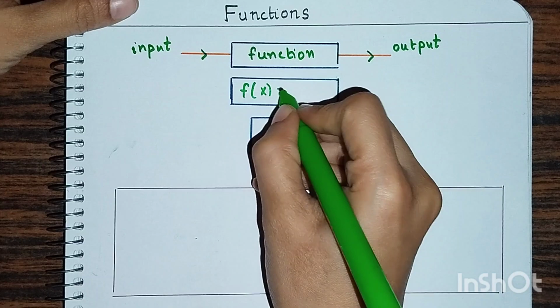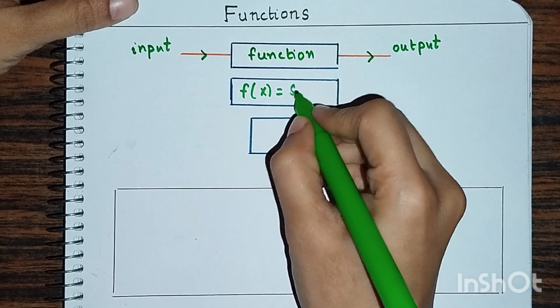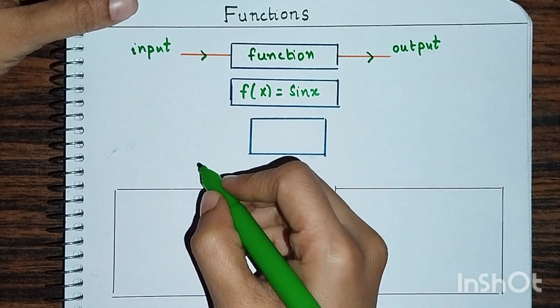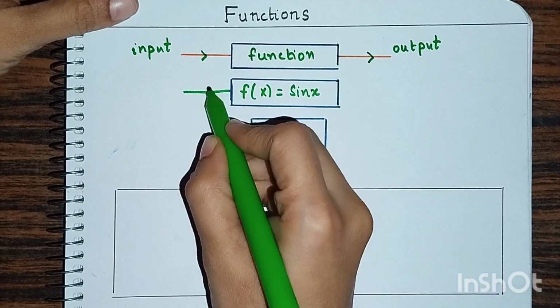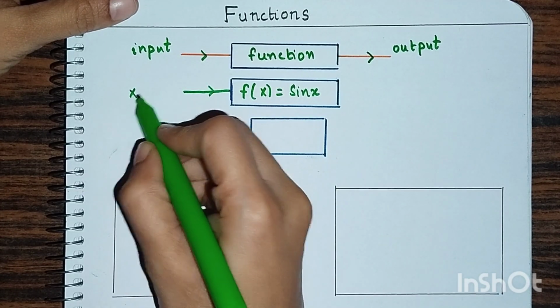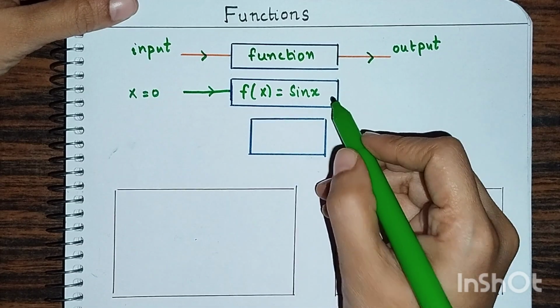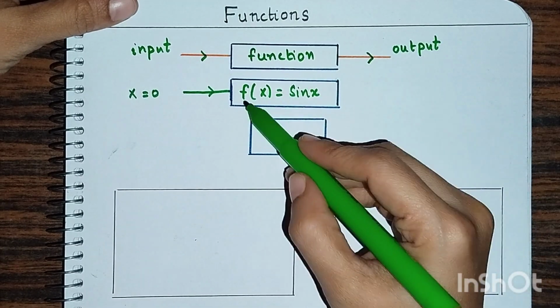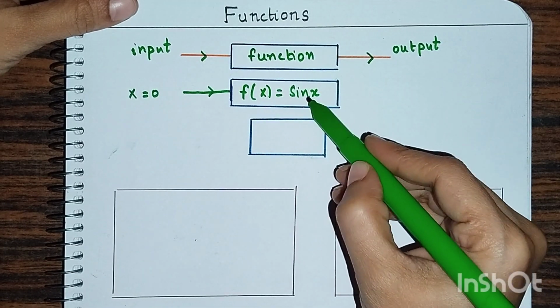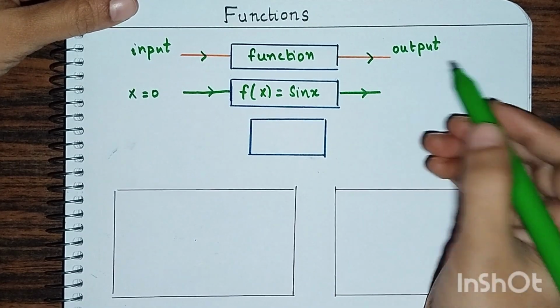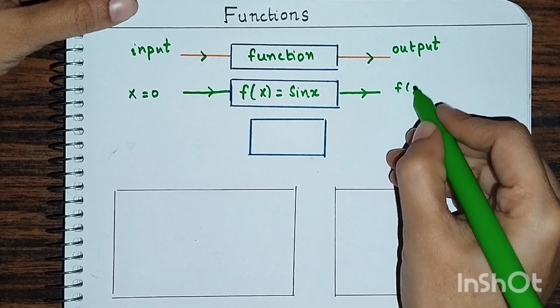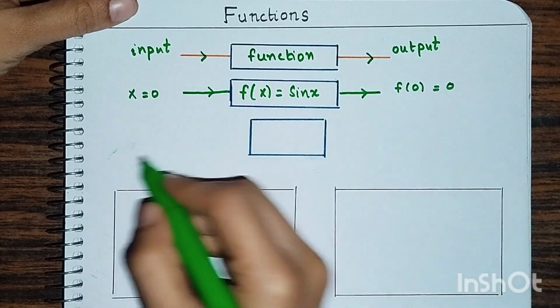If f of x is equal to sin x function, then if you send an input to this function, let us say x is equal to 0, it will operate. f of 0 is equal to sin 0. So what is the output you are going to get? Sin 0 is 0. So the output f of 0 is equal to 0.